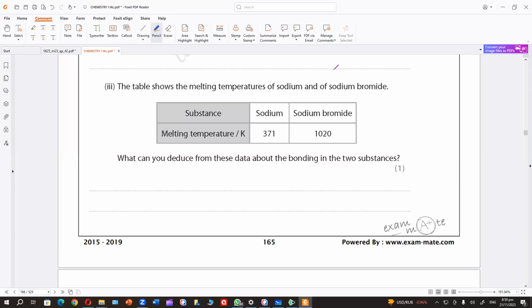Now, we are talking about sodium. The question wants a comment, because ionic and metallic bonding we have already explained. So we can tell the examiner that the melting point of sodium bromide is greater than the melting point of sodium.